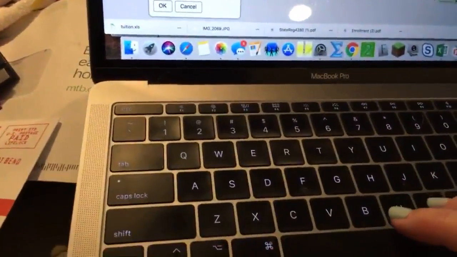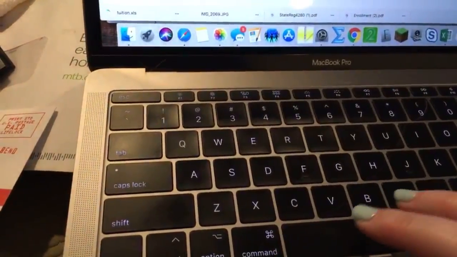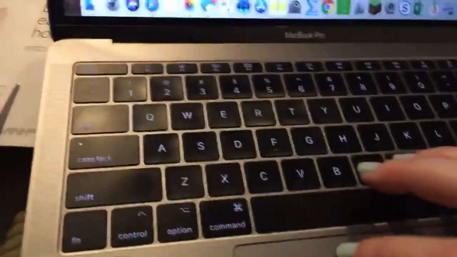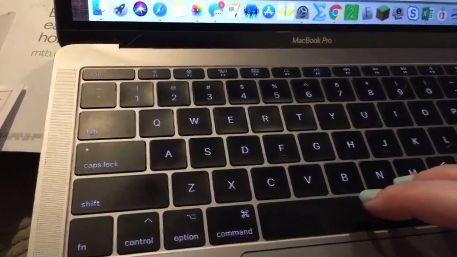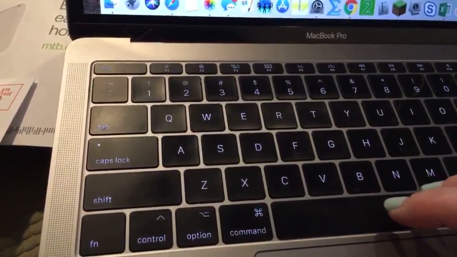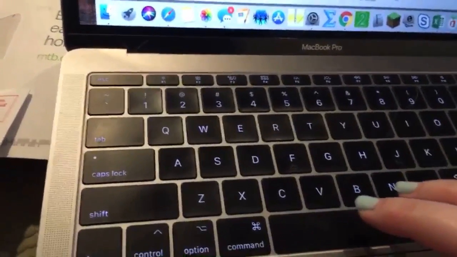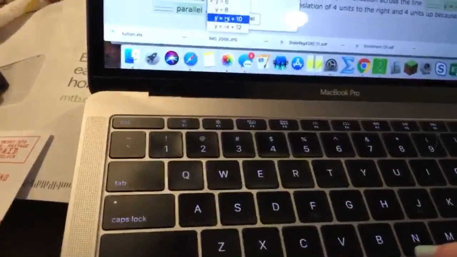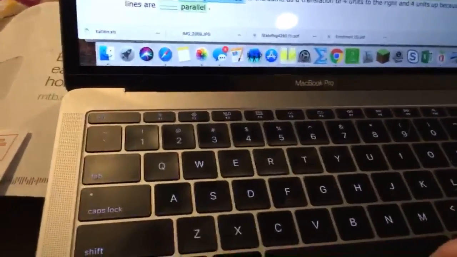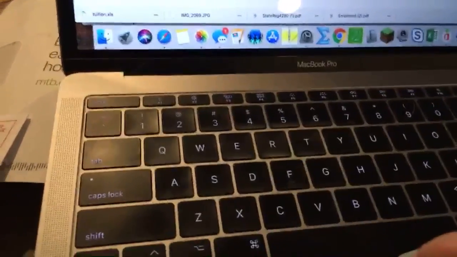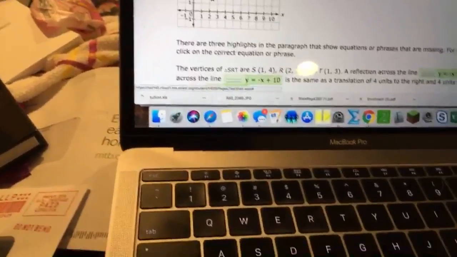Okay? So let's see if that's one of our options. We tried it with negative x plus 6, and then negative x plus 10 is an option. So I'm going to save it.